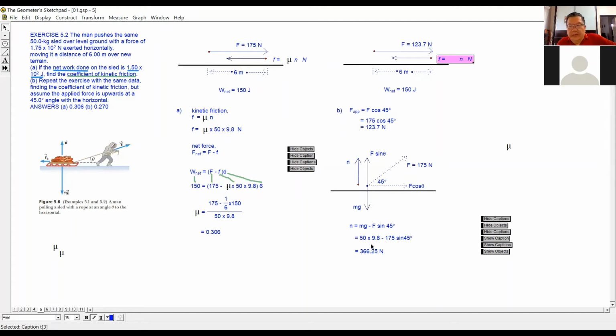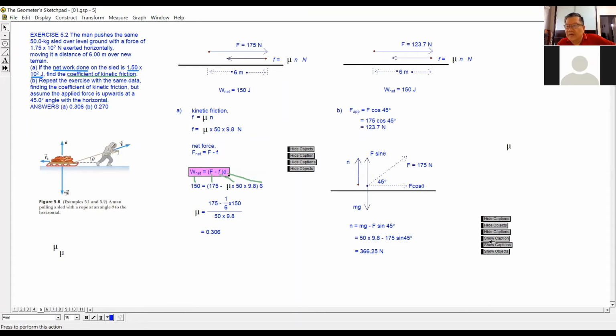The next part will be to link up the net work done using this equation here. The net work done is F minus f.